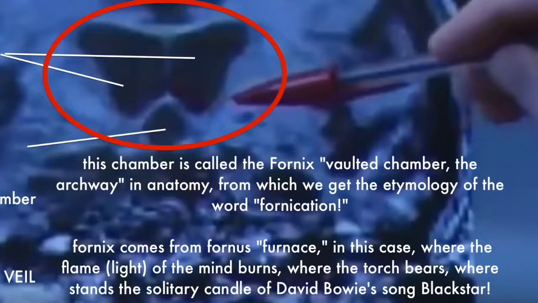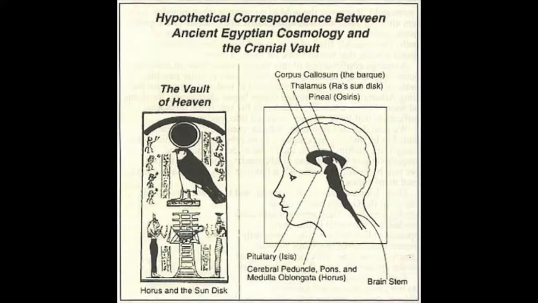And it's called a fornix or a vaulted chamber because, as we can see, the geometry here makes up an archway or a vault. It is the vault of heaven. The vault of heaven corresponding to the human skull, and the third ventricle or the fornix inside the brain, which is the vault of heaven corresponding to ancient Egyptian cosmology.